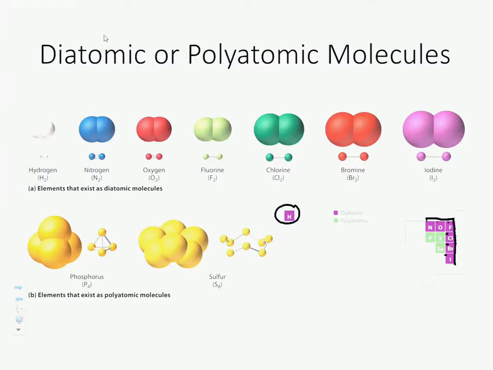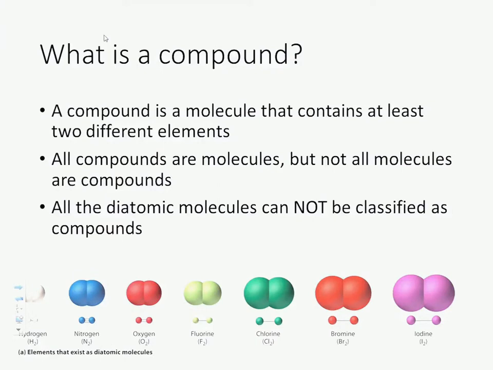Next, we can look at compounds. If a molecule was 2 or more atoms, a compound is a molecule that contains at least 2 different elements, meaning it needs to have 2 different types of atoms within the compound.